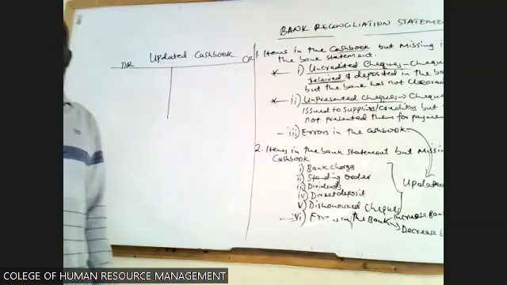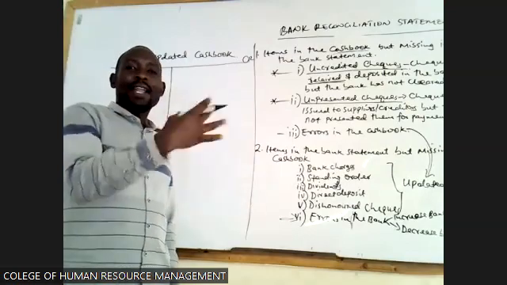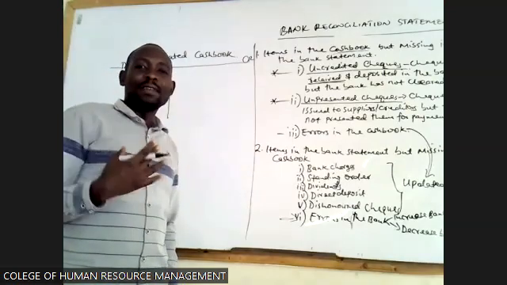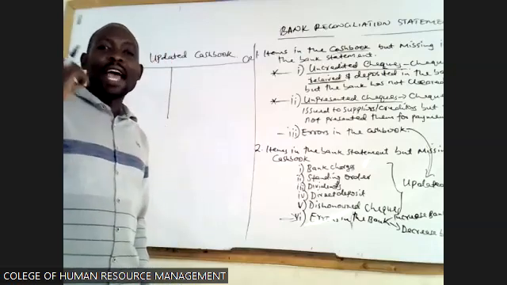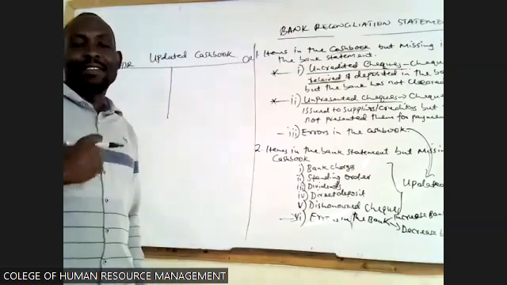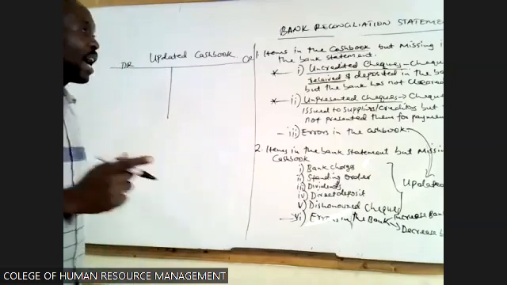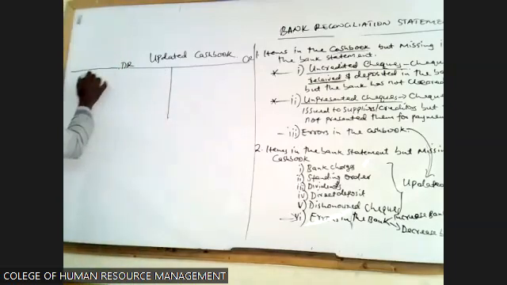To update simply means that there is a balance that we initially got, but that balance is not accurate. We need to adjust it so that we can have an accurate cash book balance. So you will start with that balance that you are given, which we shall call balance brought down.